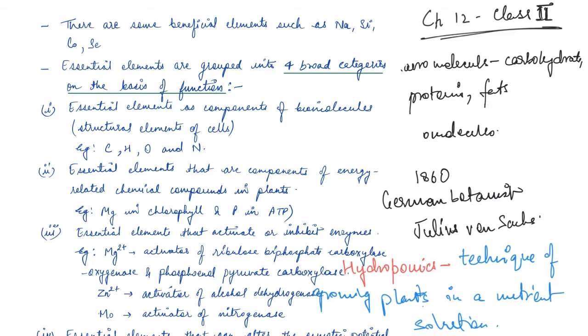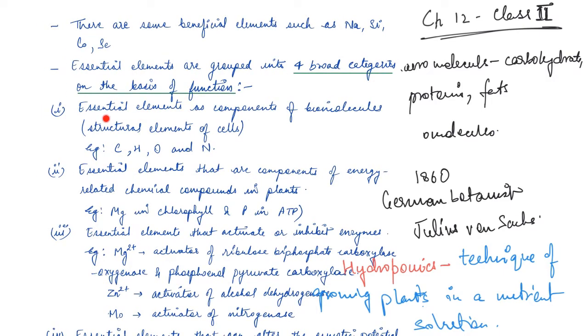Now, essential elements can also be grouped into four broad categories on the basis of their function. Now, what are these four categories? So, one is essential element as component of biomolecules, which is structural element of the cell. Now, these can be carbon, hydrogen, oxygen, and nitrogen.